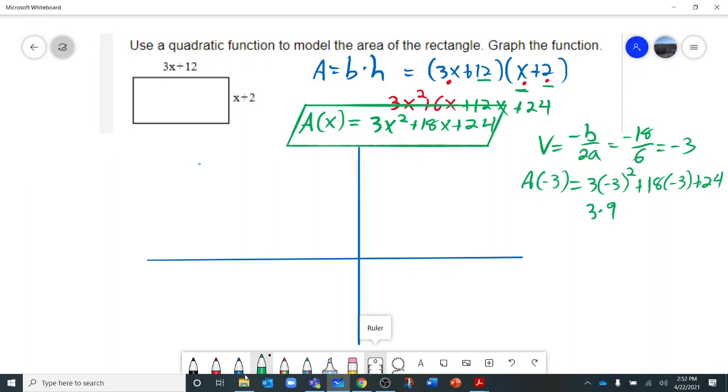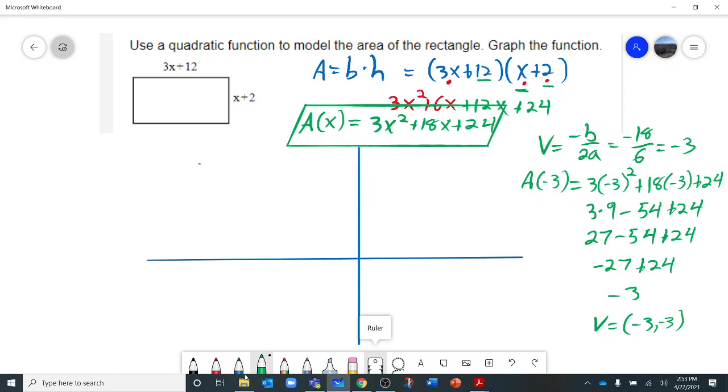Negative 3 times 18 is negative 54, and plus 24. 9 times 3 is 27. 27 minus 54 is negative 27. And negative 27 plus 24 is negative 3. So our vertex, in this case, is at negative 3, negative 3.